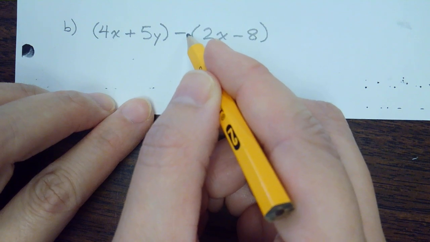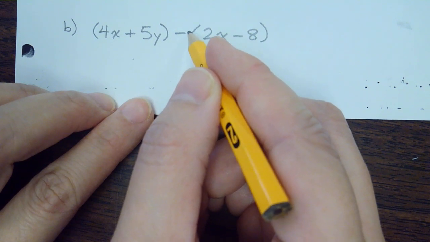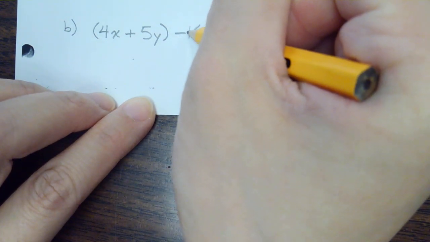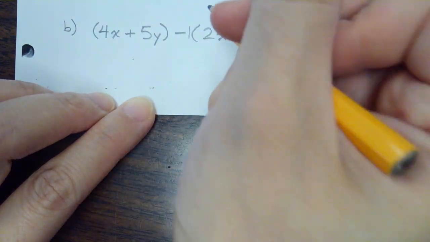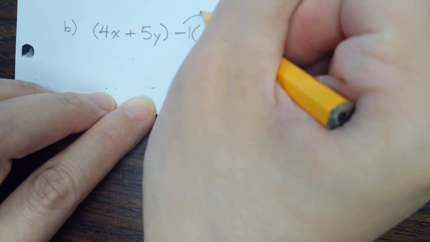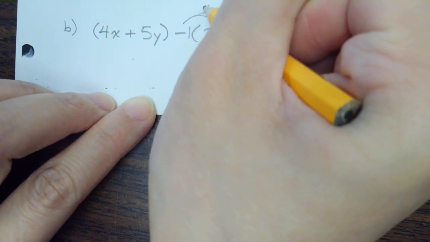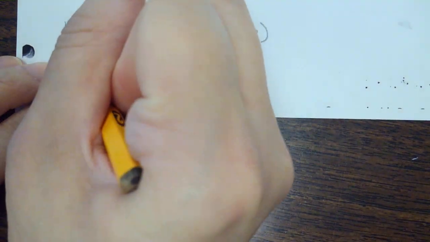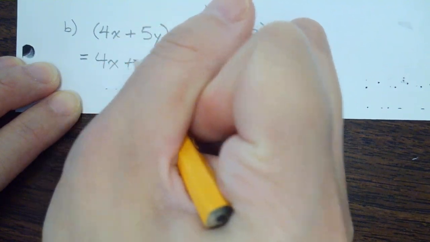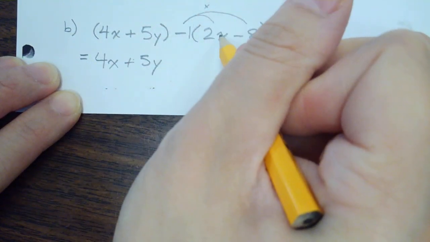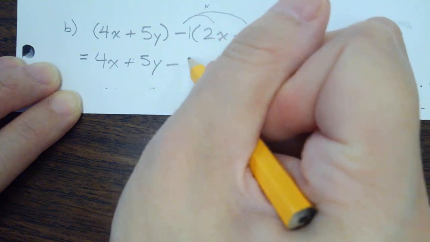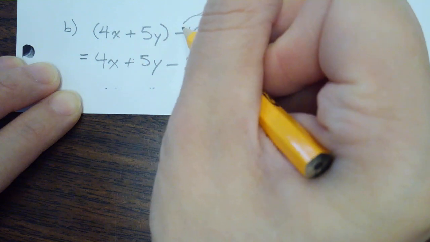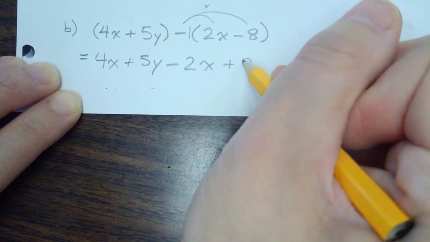What is the number right here? Like, there's actually a number. Miriam? 1. So if I have a -1 here, then based on what we know today, we're multiplying that -1 in to everything in the bracket. So if I were to rewrite this, I get 4x plus 5y, -1 times 2x, -2x. -1 times -8, I get plus 8.